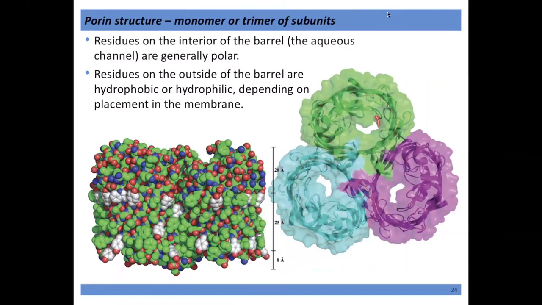And you can see that there is a solvent accessible region down the middle. So this is looking from the top down, and this is looking from the edge on. So carbons are colored in green except for the hydrophobic residues. I believe the tyrosines and the phenylalanines and tryptophans are colored in gray.